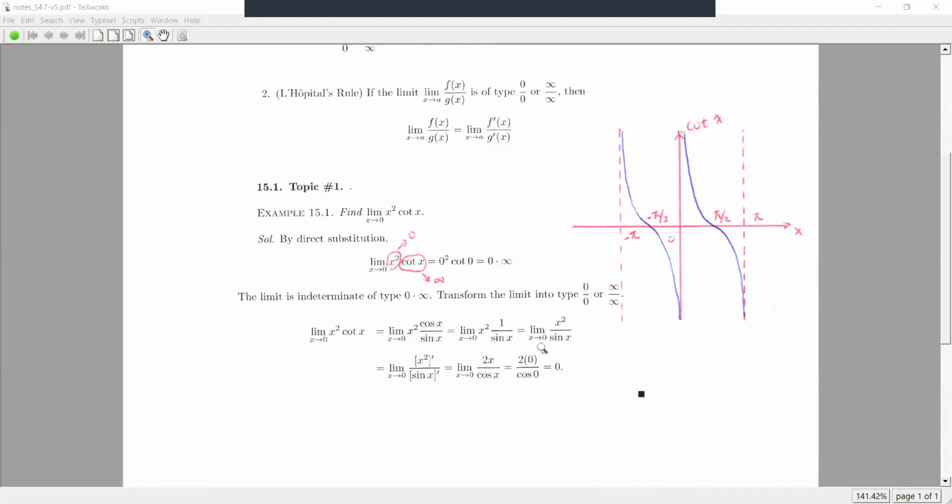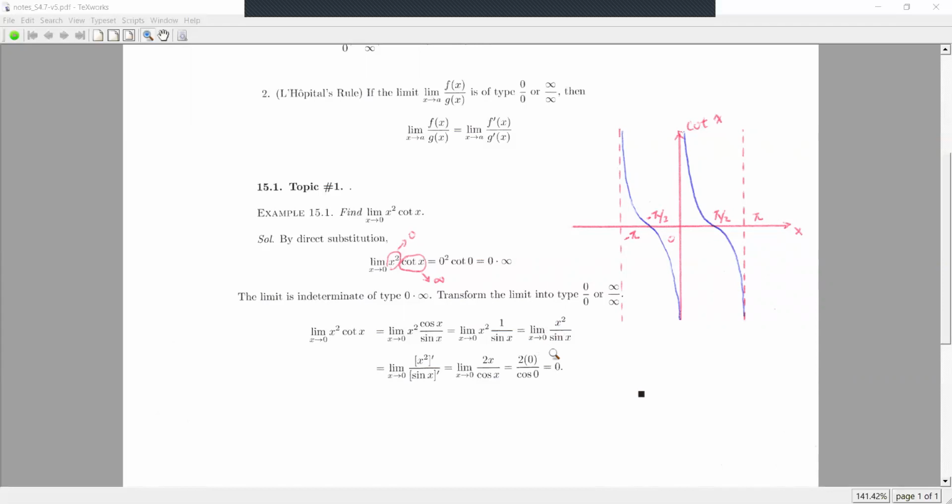Okay, now let me compute this limit. Plug in 0 in X, then I get 0 squared over sine of 0. It is 0 over 0. So this limit is a difficult limit. Indeterminate by direct substitution, difficult limit.